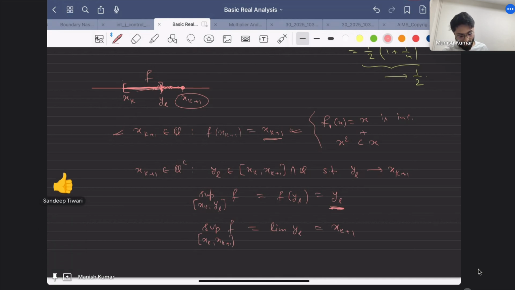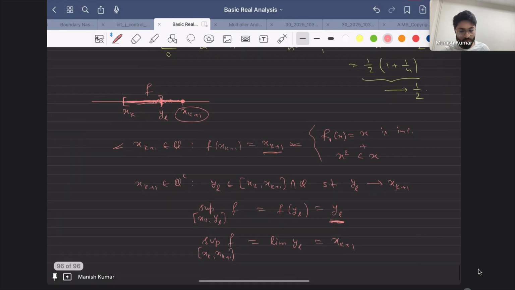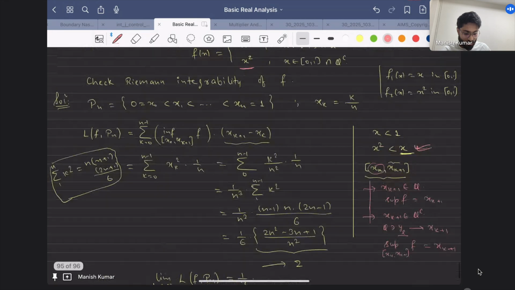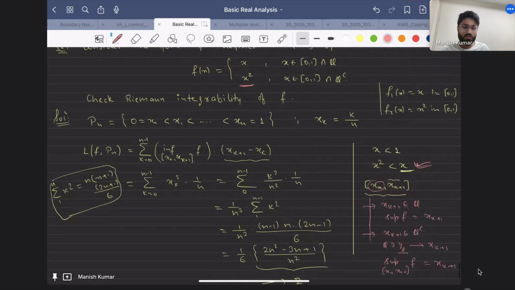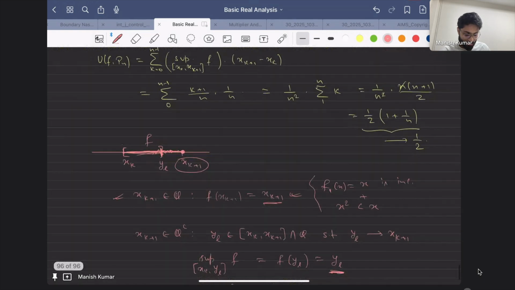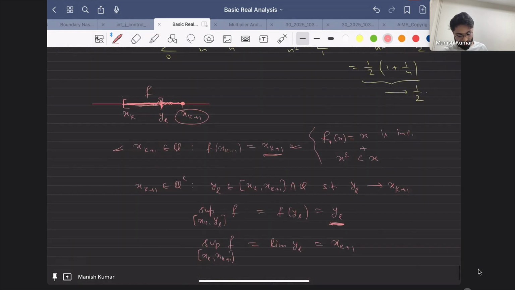Sir, we can also see it by the graph. It's difficult to get a graph, right, because it's rational, so irrational. If we draw the graph of x and x square separately, then we can compare both of them. In this case there is a difference.